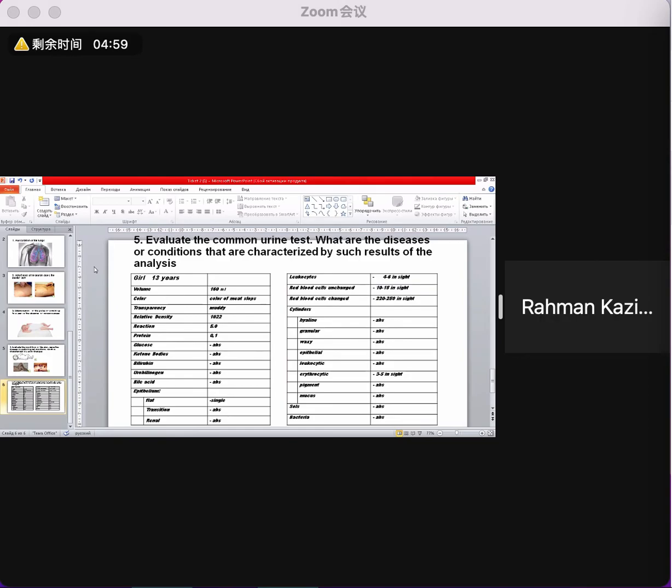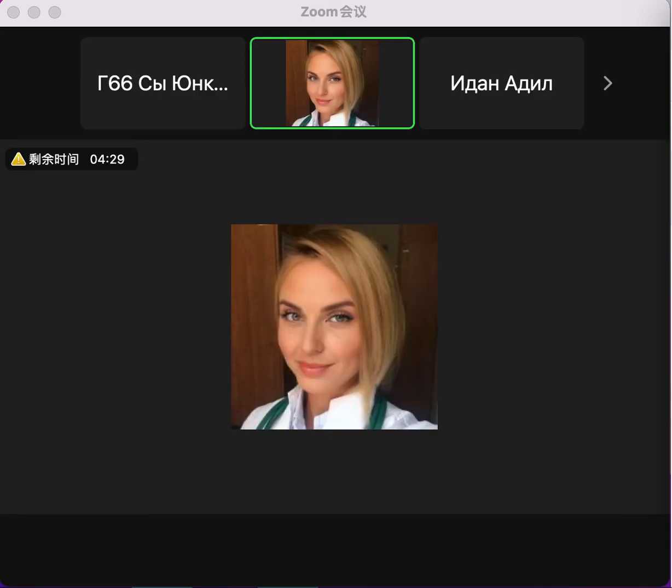Nephrotic. Sorry, nephritic. Nephritic, right. And the disease? Glomerulonephritis. Of course, because glomerulonephritis can lead to nephrotic or nephritic syndrome. In some cases it can be both syndromes in glomerulonephritis, but it is rare. Okay, next.